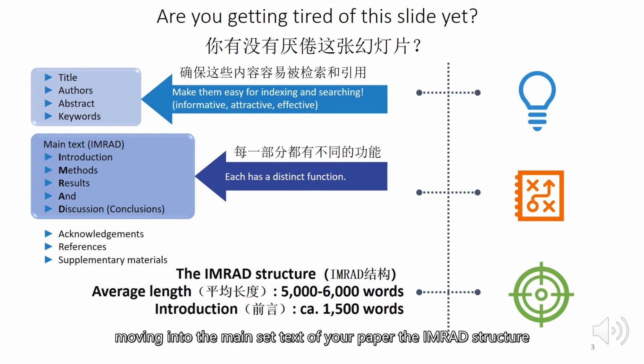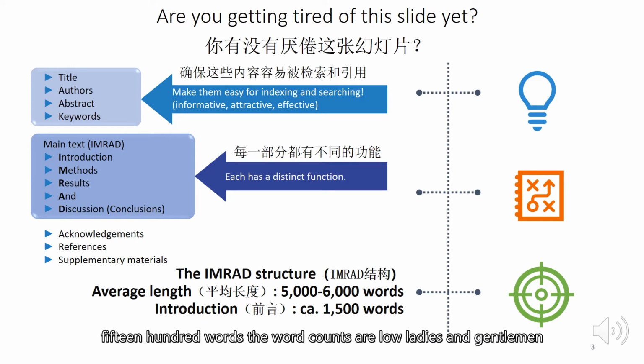Moving into the main text of your paper, the IMRAD structure, this of course has an average length of between 5,000 and 6,000 words. The introduction then has an average length in effective, balanced academic writing of around 1,500 words.